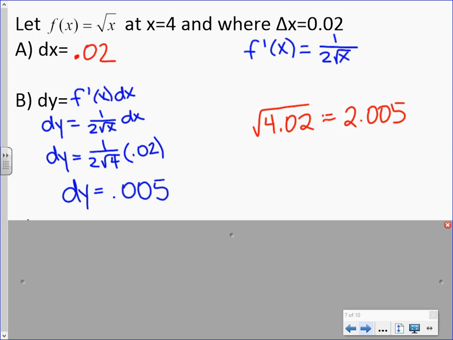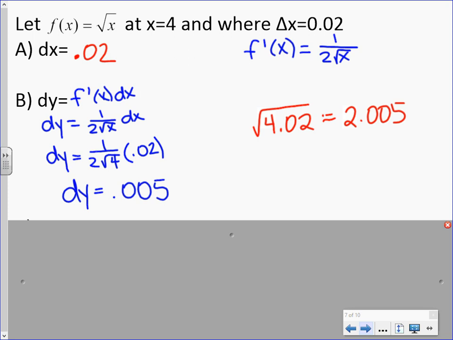So if the height at 4 is 2, then when we change x, we're going to change y by 0.005. We use a tangent line without using the tangent line's equation.